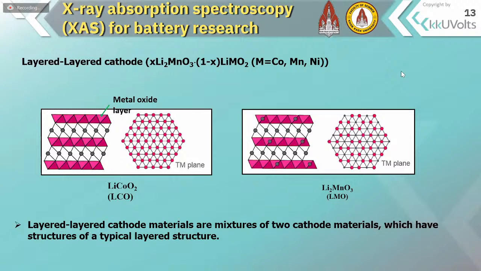So let's move on to the next cathode materials, which is layered cathode materials. This cathode material type is a composite between two cathode materials that have layered structure type. This type is called layered structure cathode materials. The electrode material has high specific capacity.